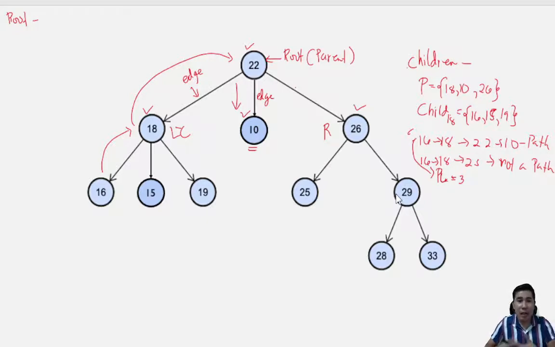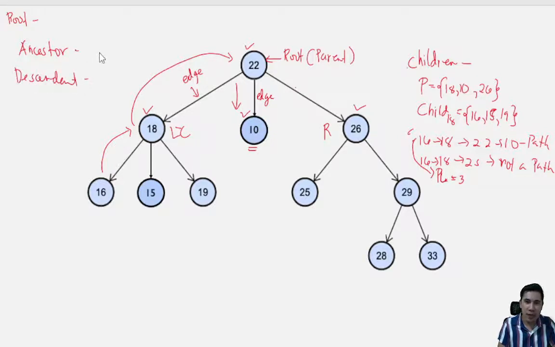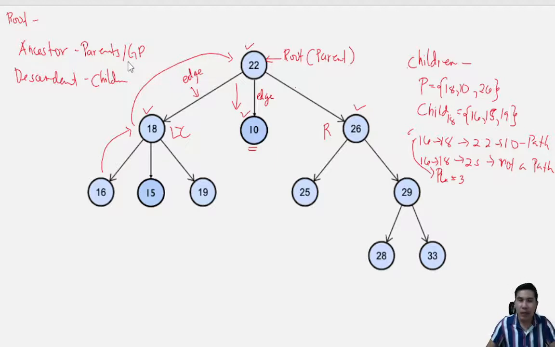If a path exists between two nodes, one is an ancestor and the other is a descendant. Ancestors are like parents or grandparents, then descendants, of course, are your children.